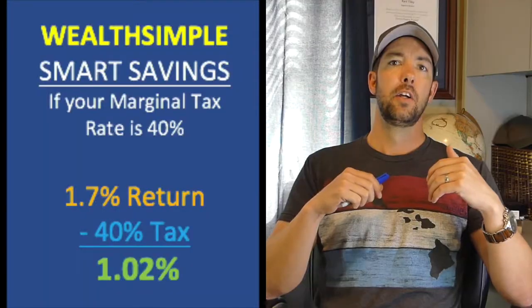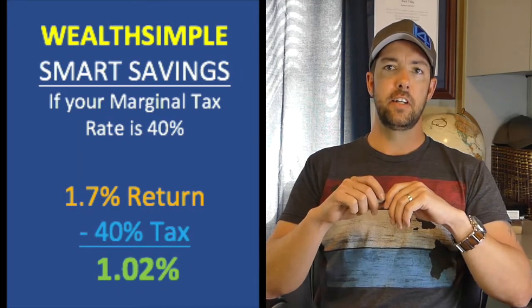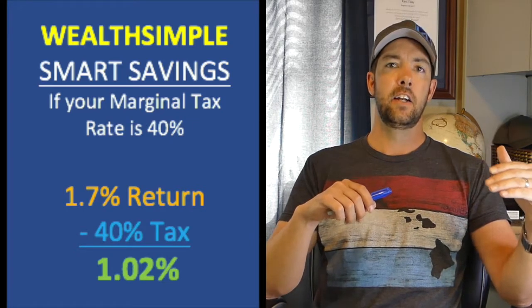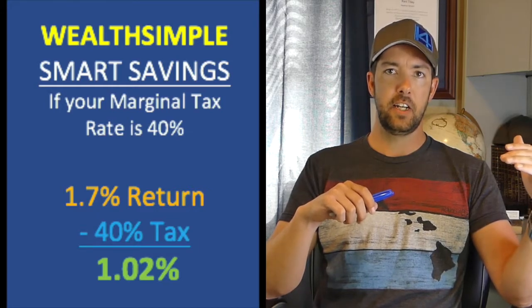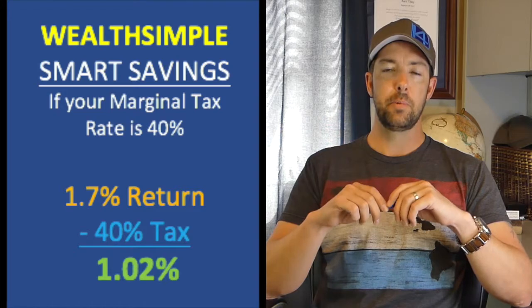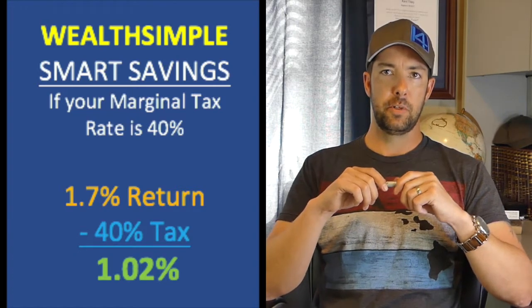So last week I talked about the smart savings account at Wealthsimple that generates 1.7% interest every single year. But what you need to realize is that 1.7% is always going to be taxed because it's not in an RSP or a TFSA. So after tax, if your marginal tax rate is 40%, you're making 1.02%.